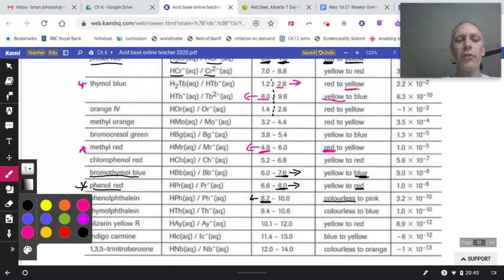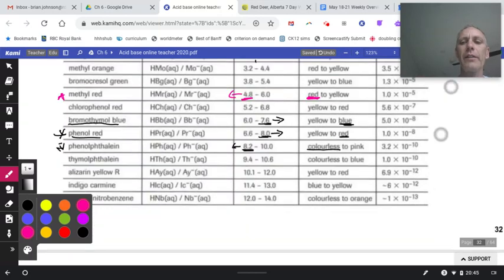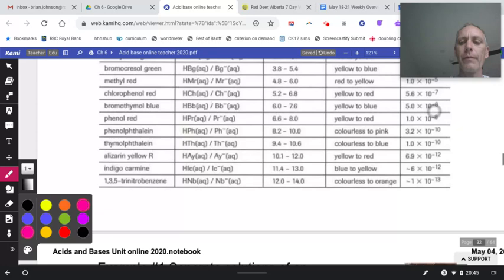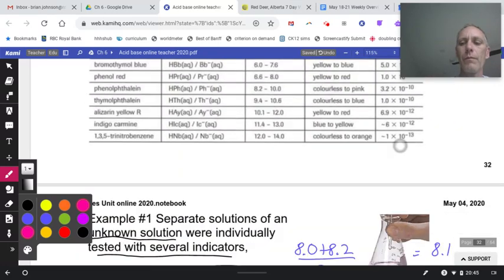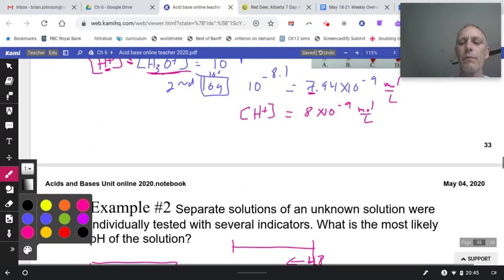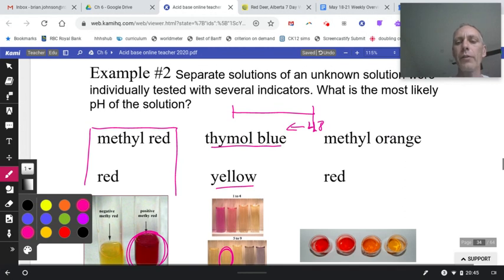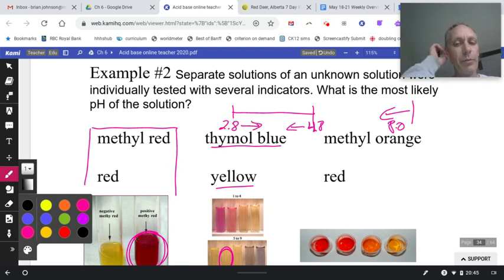This is a tricky one because it has 4 different forms. So let's go back down and see how that works. We already know it's below 4.8, so that below 8 doesn't really help us, but the above 2.8 does. We know it's below 4.8, and now we know it's above 2.8.